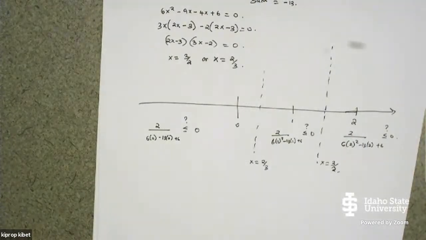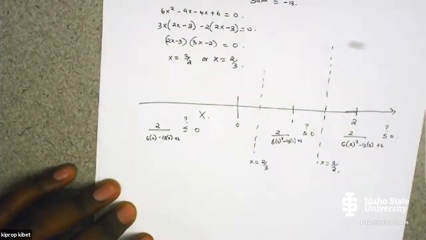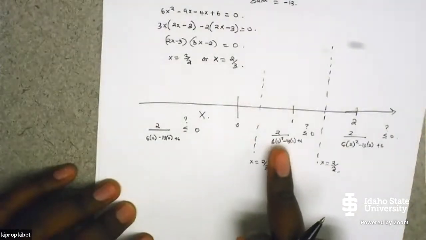Now, the first one will be what? 2 over 6, right? Is that less or equals to 0? It is not. So this region is not satisfied. Now, when we put x to be 1, it will be 2 all over what?